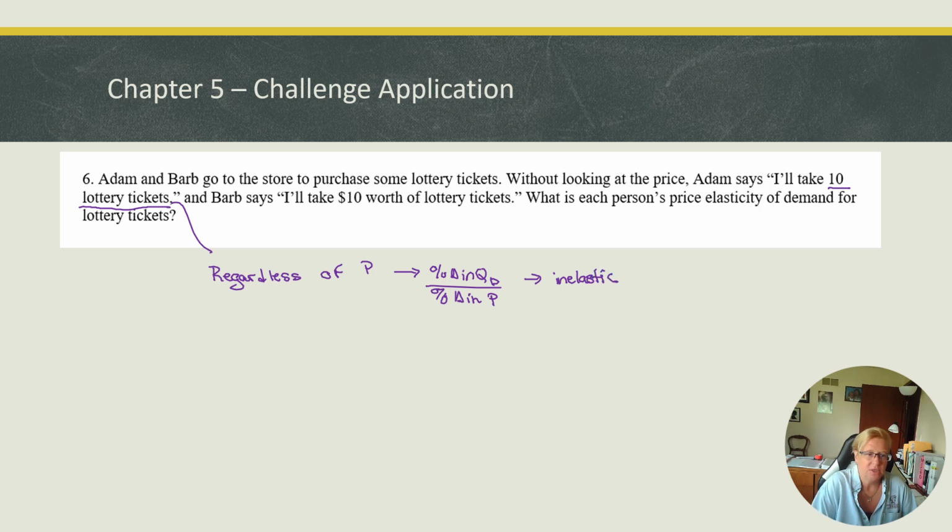Barb, however, is saying, I want $10 worth of lottery tickets. So she's looking at the denominator here and saying the change in price is going to dictate my quantity. So she's going to be much more elastic because she's caring about the dollar amount.